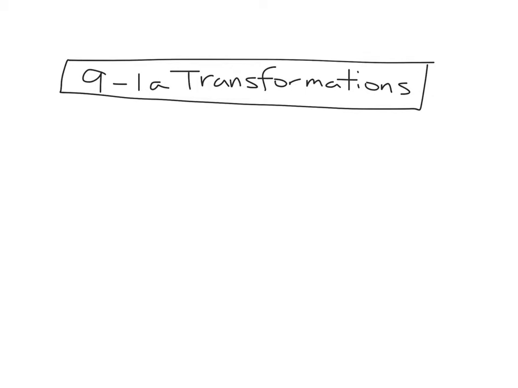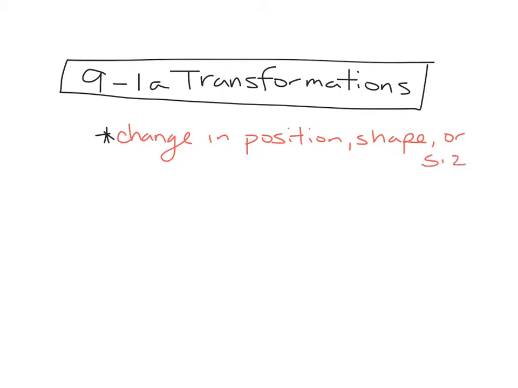With a transformation, you can have a change in position, so where something is sitting, a change in shape, or a change in the size of the figure. If I say something undergoes a transformation, one of those things is happening.